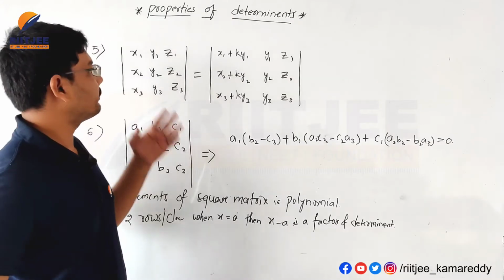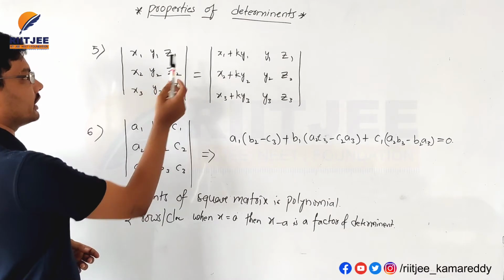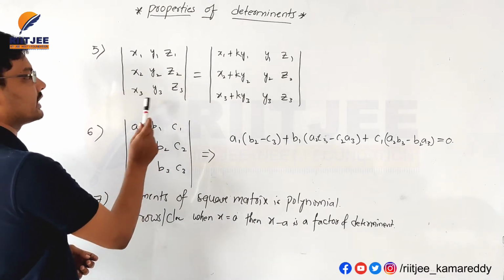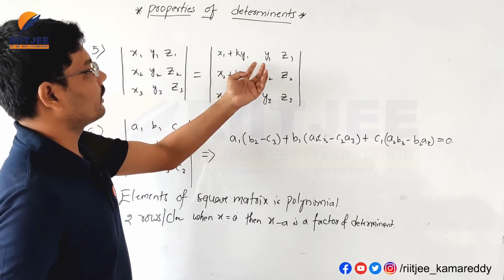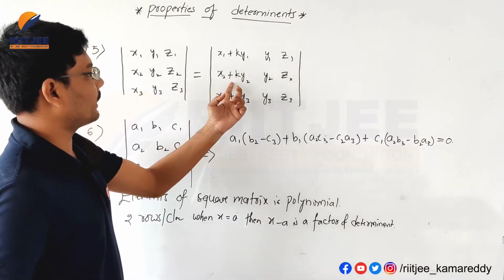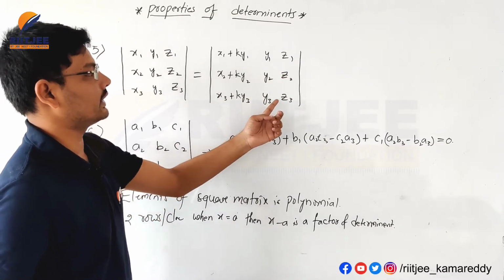Here the fifth property is given: the determinant of x1 y1 z1, x2 y2 z2, x3 y3 z3 is equal to x1 plus ky1, y1, z1, x2 plus ky2, y2, z2, x3 plus ky3, y3, z3.